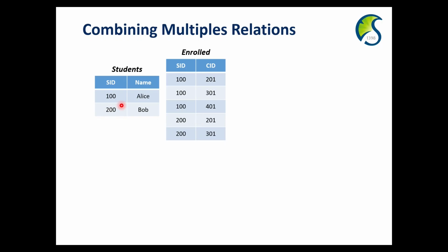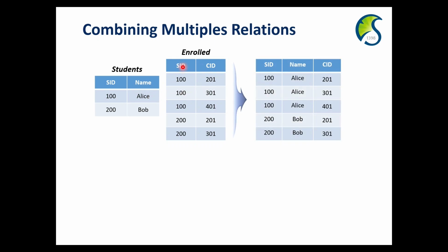Let me show you how to combine multiple relations. If we want to combine student and enrolled, based on the SID, we can generate another virtual relation. Actually, this relation doesn't exist, but by using student and enrolled, we can generate one new relation.